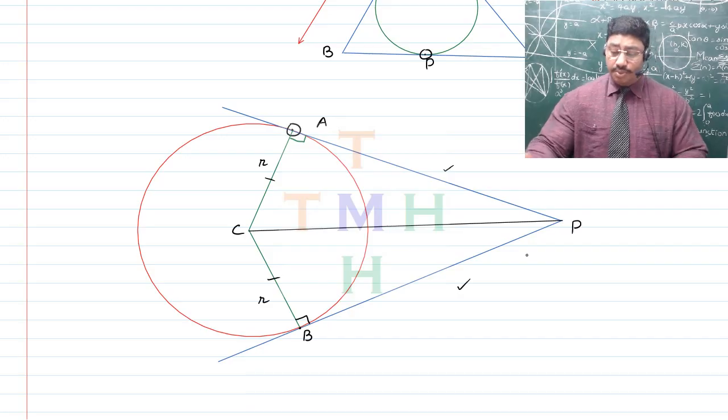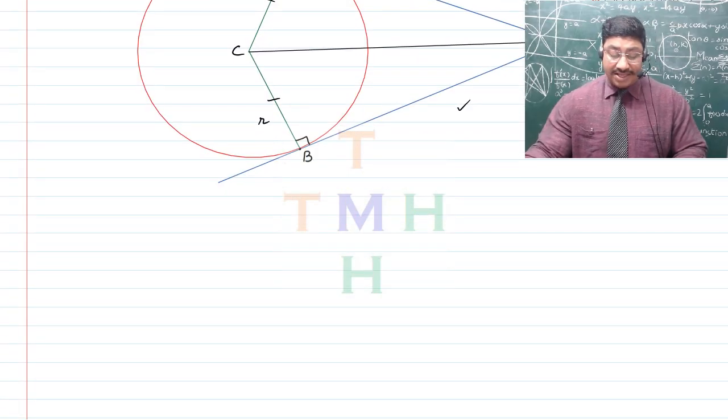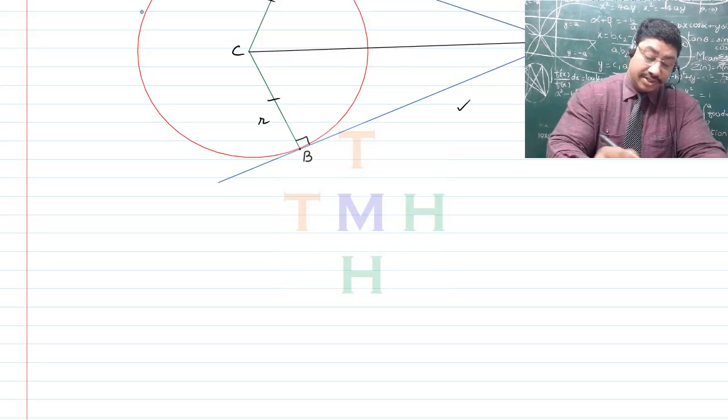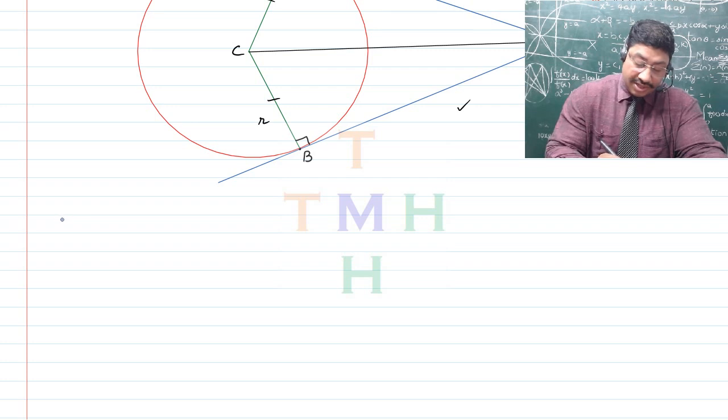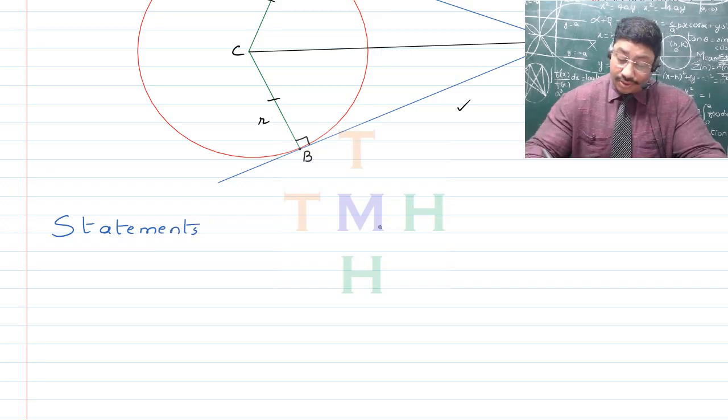So here we will write this now, not just orally discuss, but write it in the form of statements and reasons as you are required to do in your examination. On the left hand side, children, you write statements as to what you did, and on the right hand side you write the reasons, that is, why you did this.